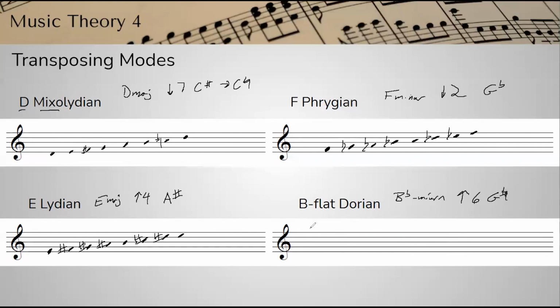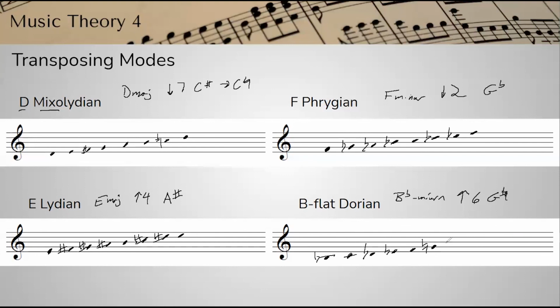Okay, so we'll start B flat Dorian. Let's go below the staff. B flat minor has the same key signature as D flat, so we'll have a B flat, a C, a D flat, an E flat, an F, and we should have a G flat for the scale, but since we're doing Dorian, that will be a G natural.